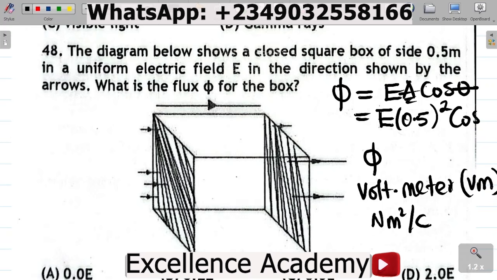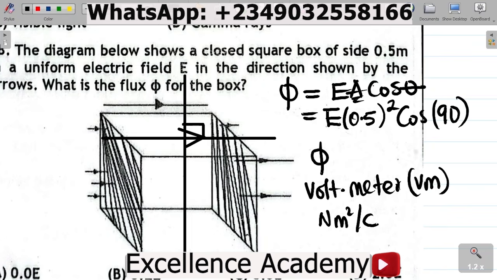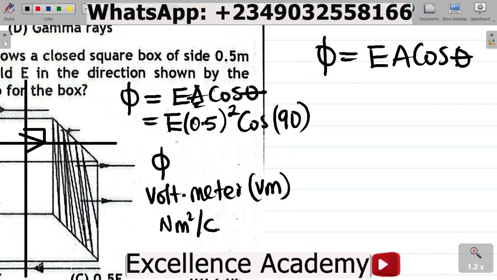Also, you now have cosine of theta. What's the angle there? If the field is moving this way, you want to see that it is perpendicular to your vertical line. So the angle there is 90 degrees, and theta becomes 90. Let me explain this again. First, phi is equal to electric field times area, times cosine of the angle with which the electric field is moving.